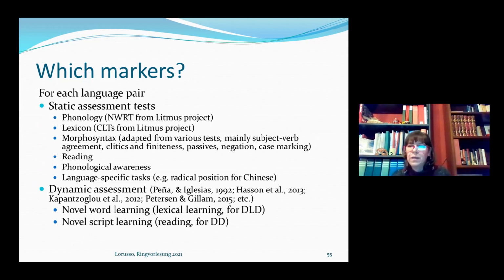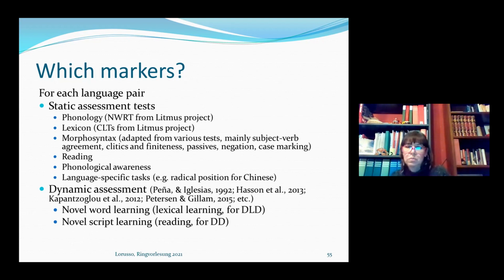For example, visual aspects of characters in Chinese. And we also had dynamic assessment, which has been shown to be very fruitful for detecting language and reading problems in bilingual populations.